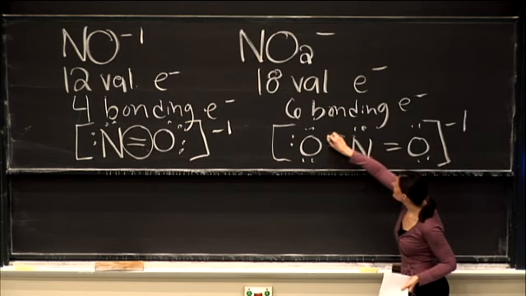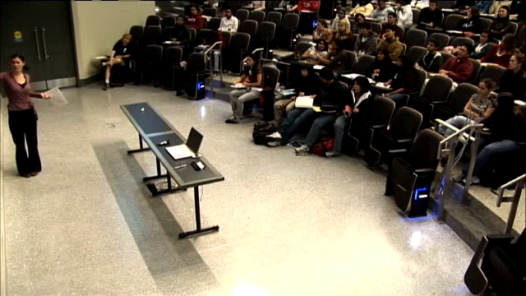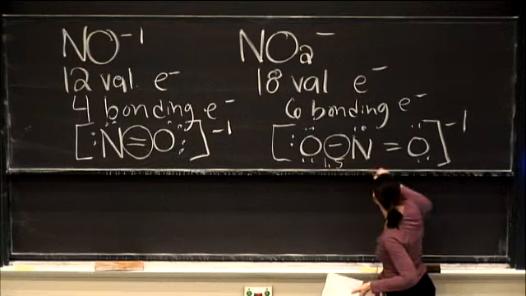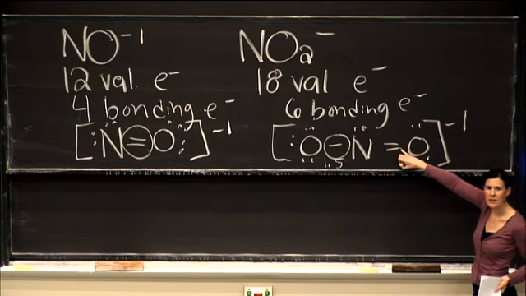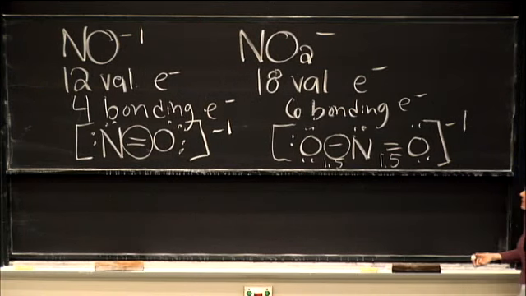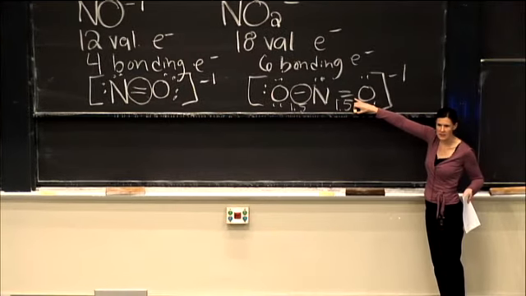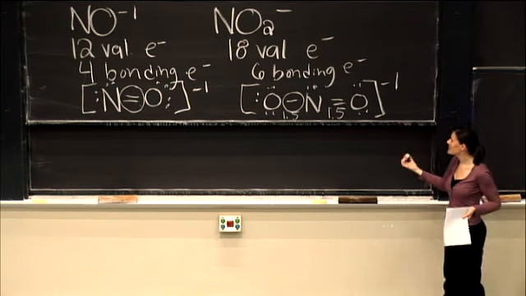What is this bond that we have here? Yep, so it's actually a 1.5 bond. What is this bond that we have here? 1.5 bond. All right, so we have 2 1.5 bonds in this case. How come these are 1.5 and not, for example, a double bond? Great, so that's the key.